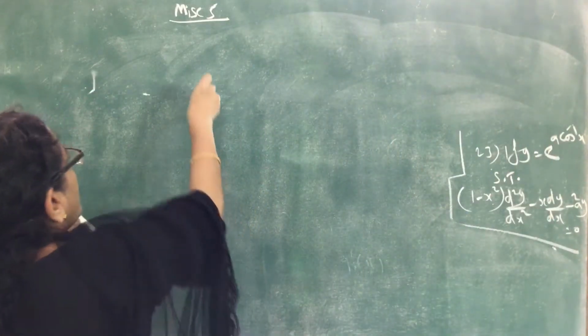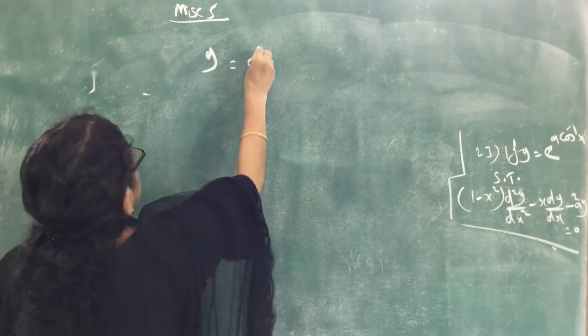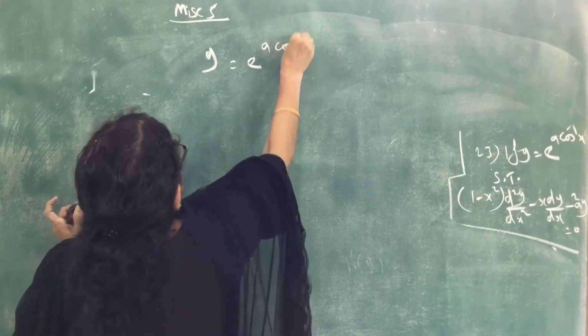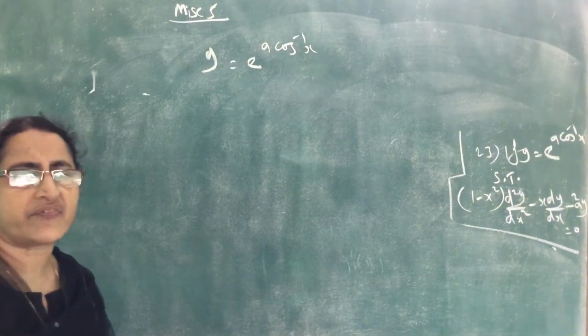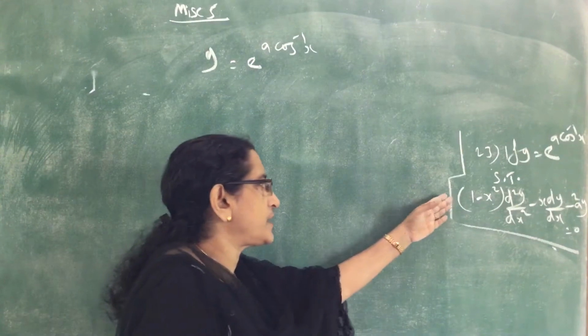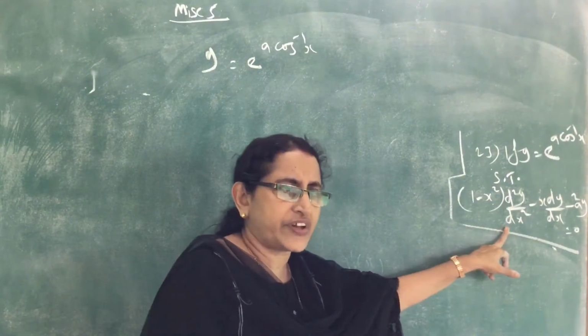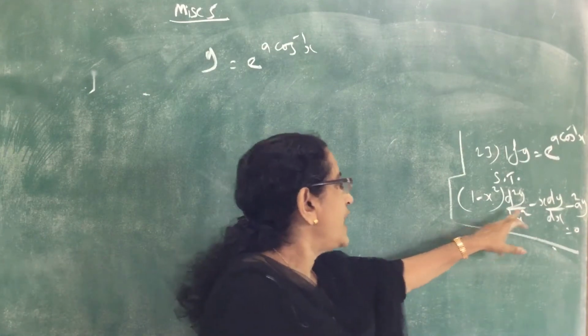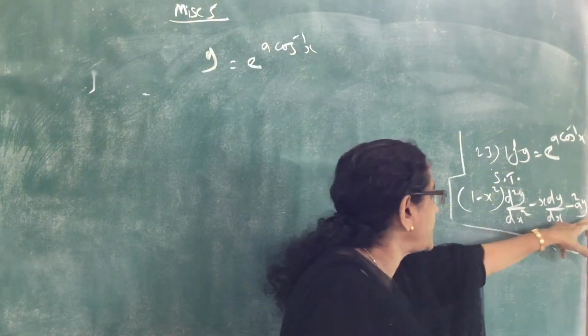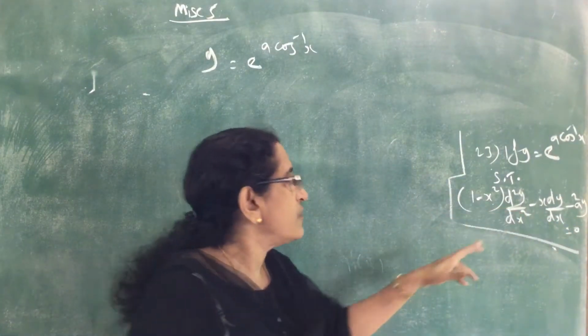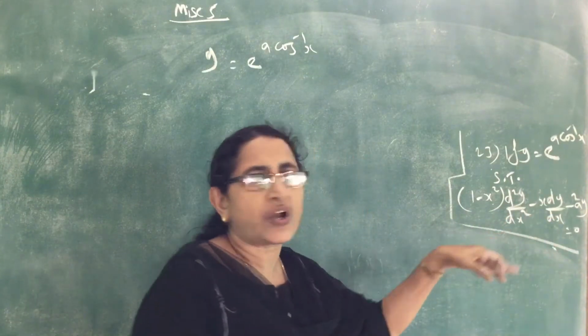So given that y equals e raised to a cos inverse x, we have to prove this, 1 minus x square into that. In that equation, there is the second derivative, d square y by dx square, and dy by dx and y. So anyway, we want to find the first derivative and second derivative, then only we can prove that.